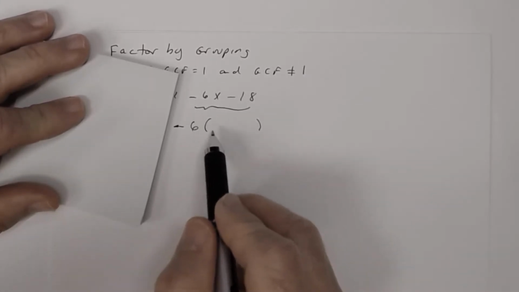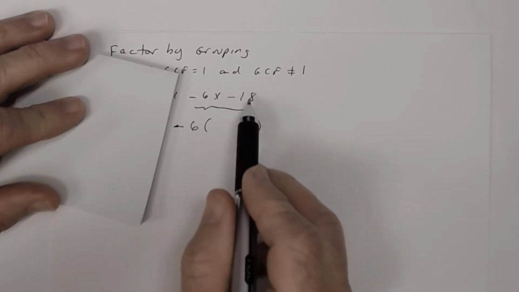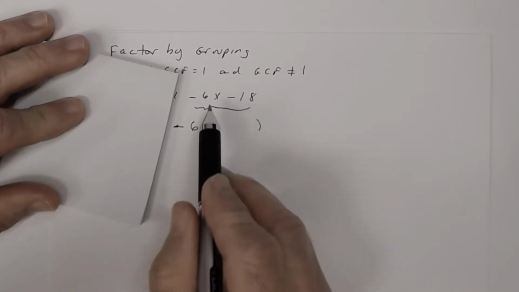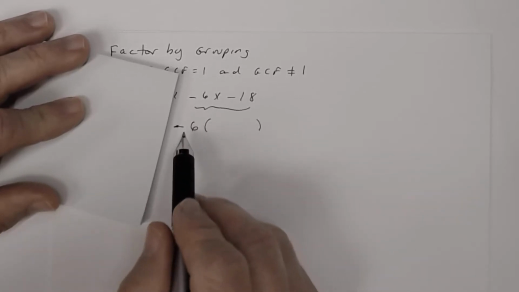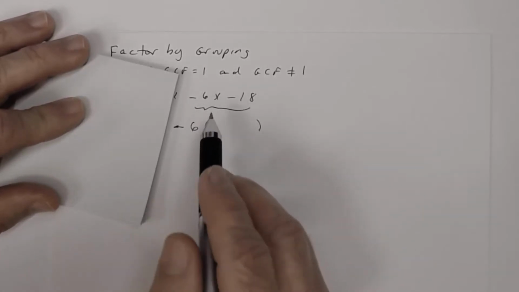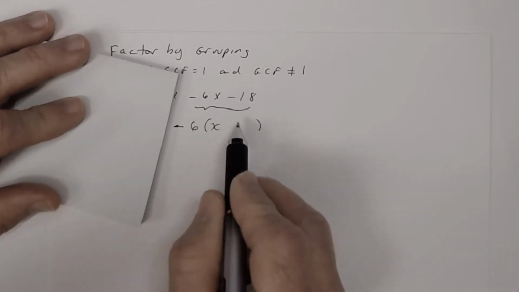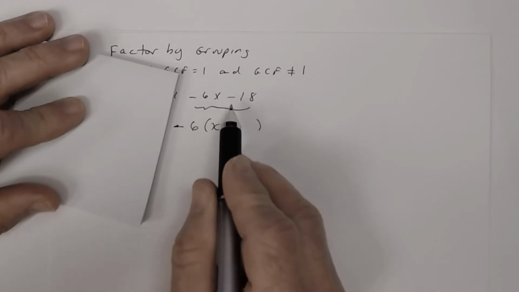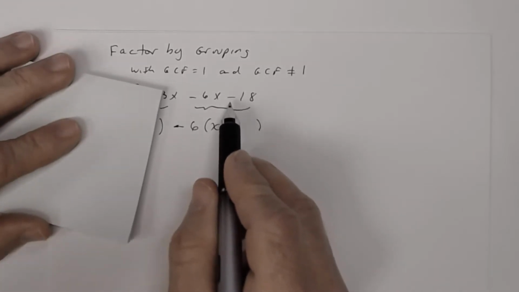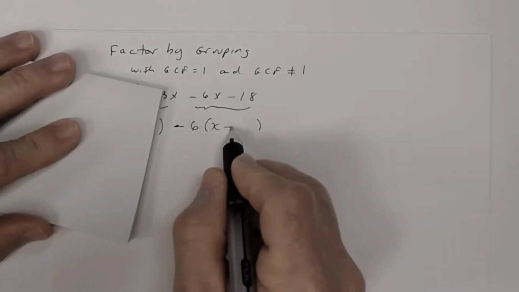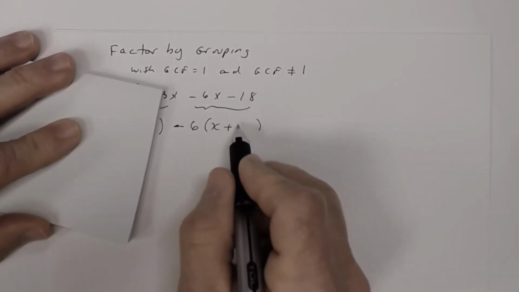Negative 6 times what binomial gives us this back? Negative 6 times x gives us negative 6x. Think about the distributive property: negative times a negative is a positive, so we get plus, and then that would be 3 here.